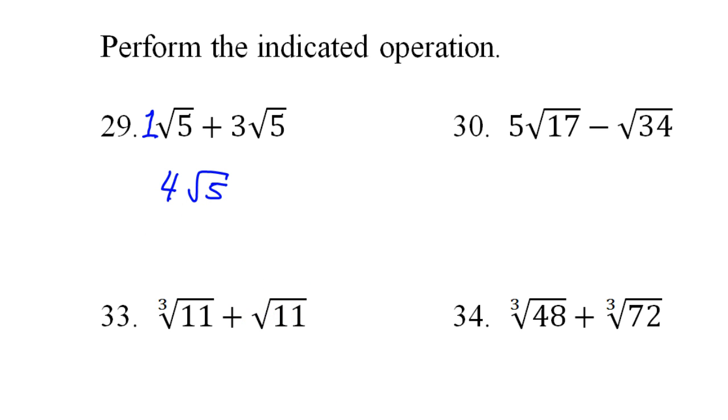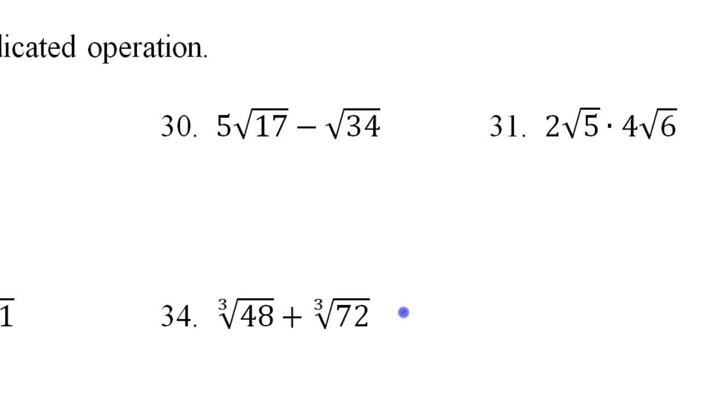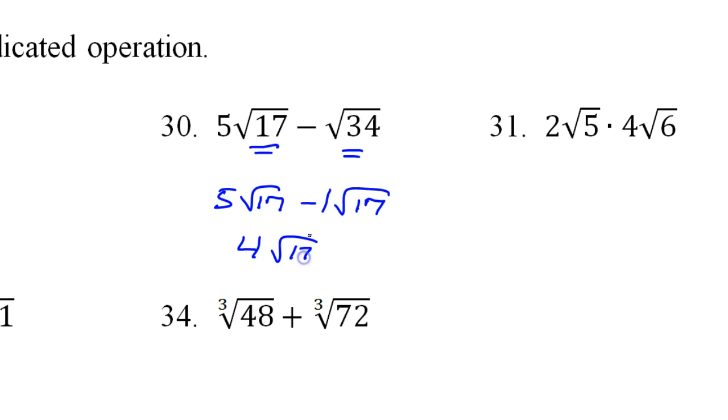Now, when you look at number 30, we have radical 17 and we have radical 34. That's 2 different things. You can't do it. There's nothing you can do with that. If it was 5 radical 17 minus radical 17, that would be like 1 radical 17. We would put 4 radical 17.